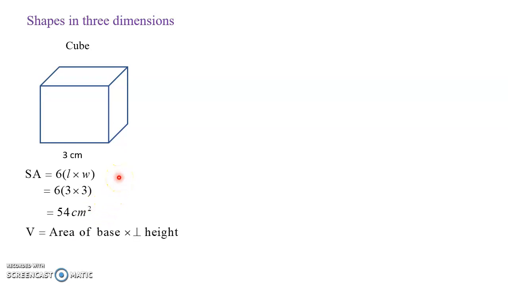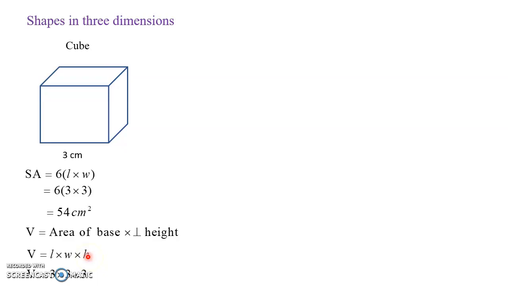What if I was asked to calculate the volume? The volume is always the area of the base multiplied by the perpendicular height. The base I know is a square. The area of the base, therefore, is length multiplied by width, and that is multiplied by height.